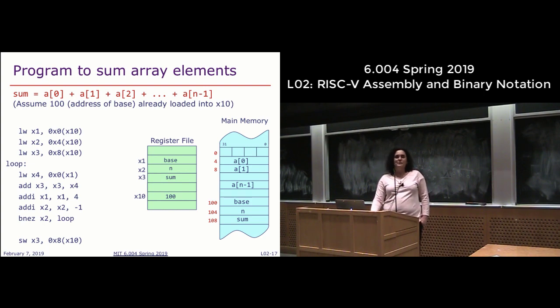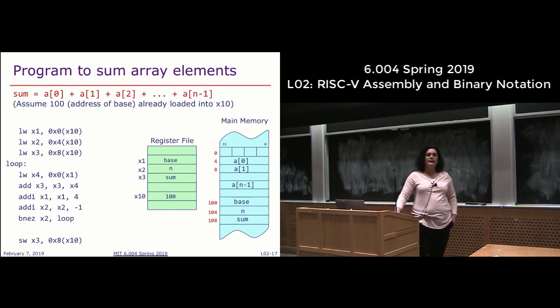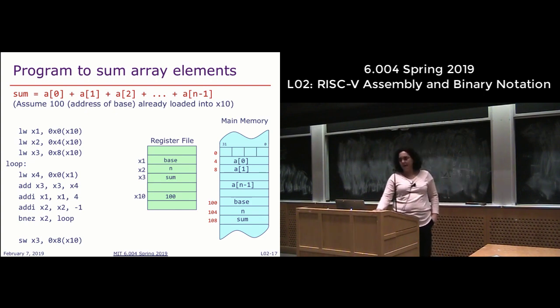Now, this is the line we were missing last time, which is I'm going to make x1 point to my next array element. Okay? So how do I make x1 point to the next array element? I increment it by 4 because each element takes up 4 bytes. Okay? And so that's what this x1 plus 4 is doing right here.